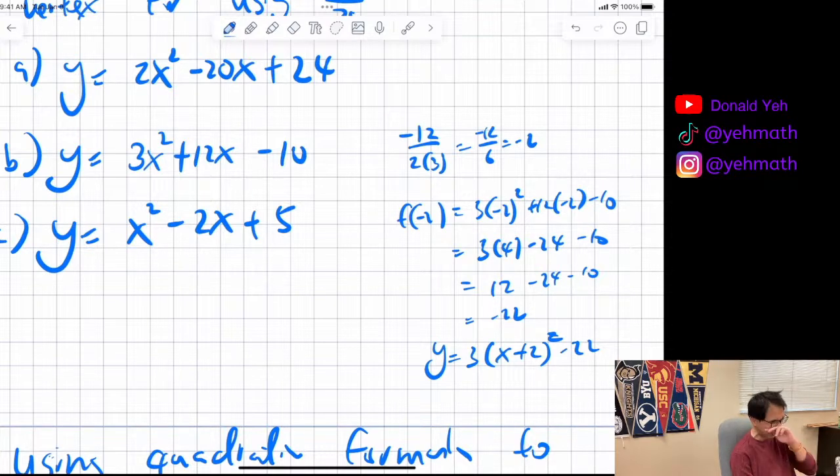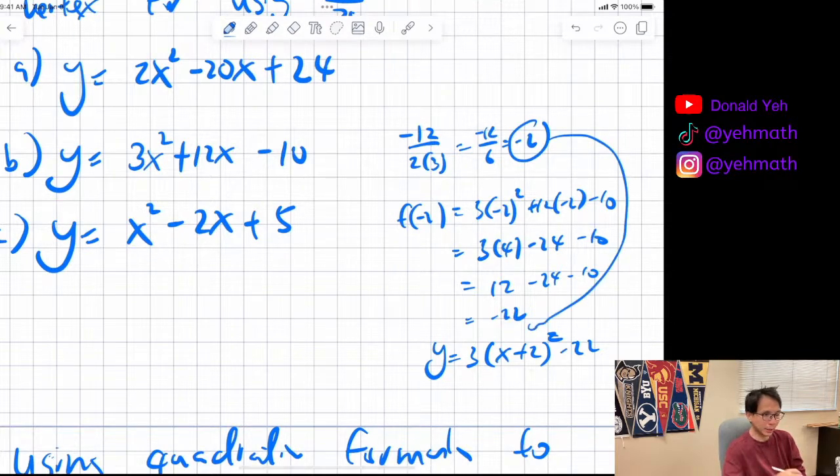Why isn't it the opposite sign? Oh, yeah, this is a plus sign, an opposite sign, because your vertex is at -2, -22. So if it's a -2, then the parentheses is going to be opposite. Now, again, you can check on Desmos. You graph both things and you see what happened.